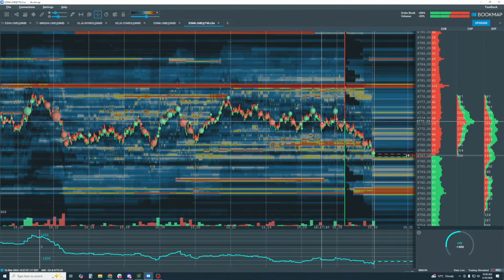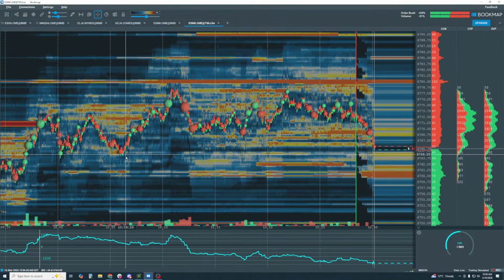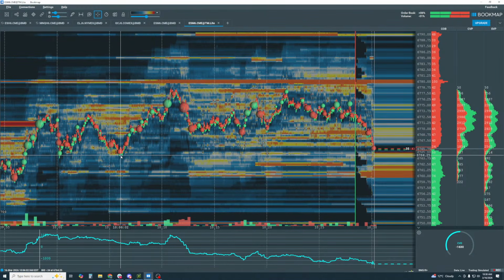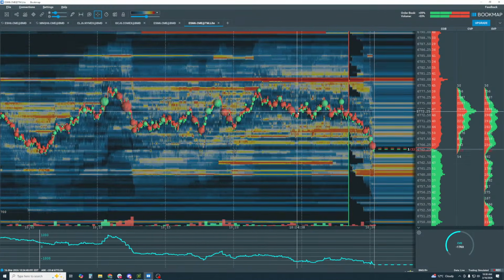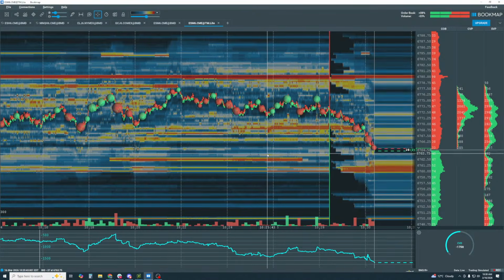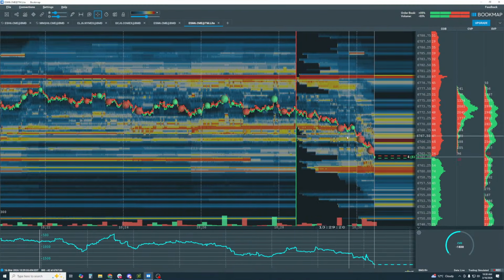Okay, we're breaking down. And next swing down here, looking for a reaction around this 64. Woody's down at 60.